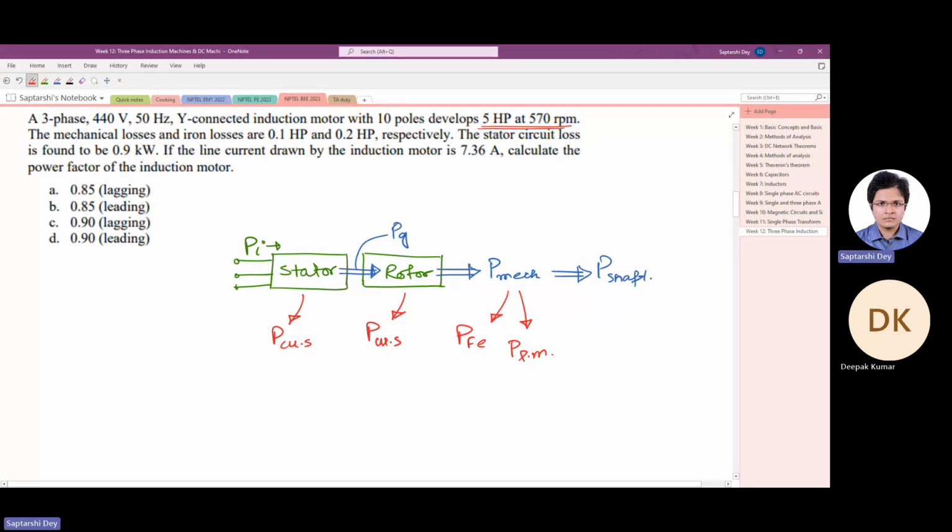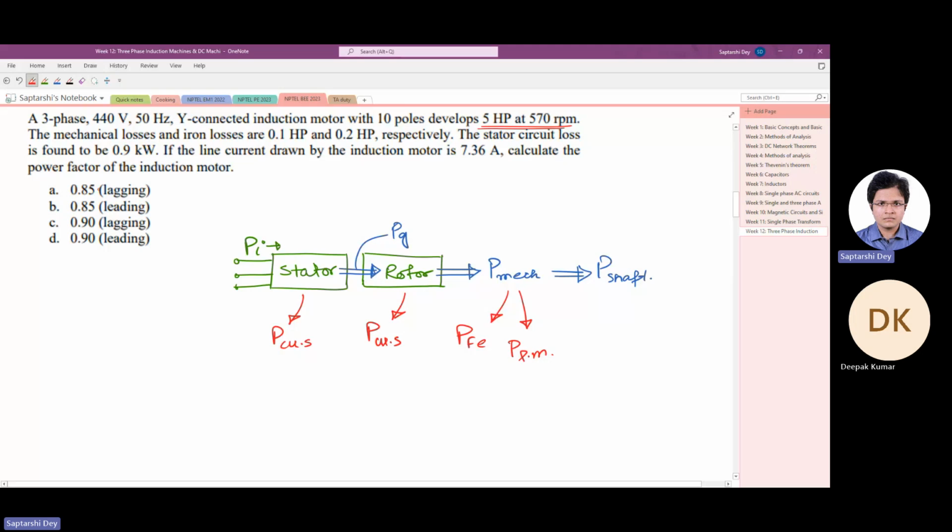But we'll take this as the developed power, so Pmech we will take as 5 HP. Mechanical loss and iron losses are 0.1 HP and 0.2 HP. Stator circuit loss is this much. Line current is given, calculate the power factor.